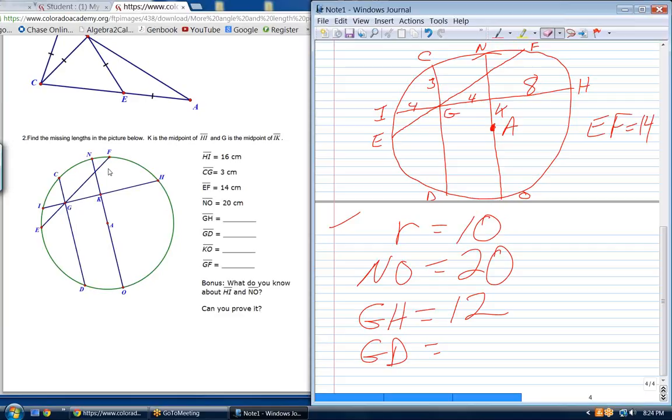We can say that IG, which is 4, times GH, which is 12, equals EG times GF.